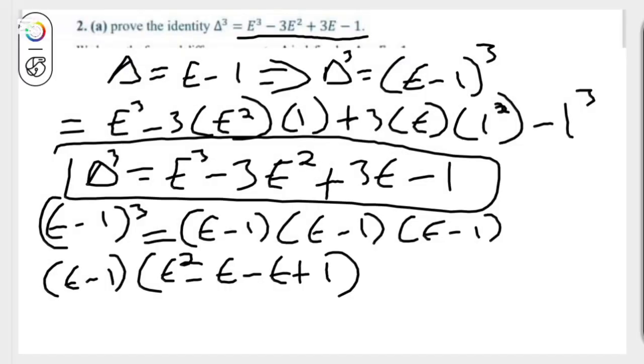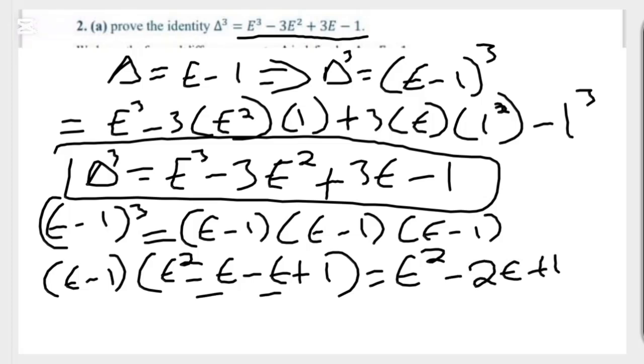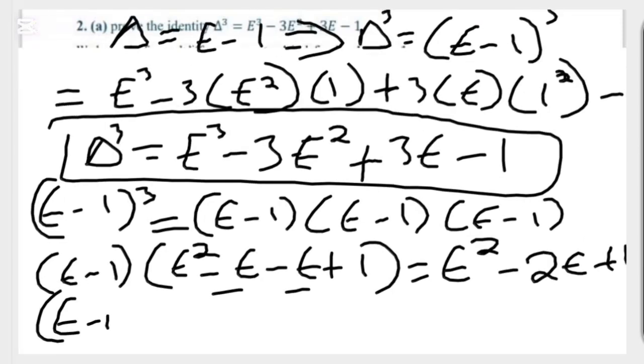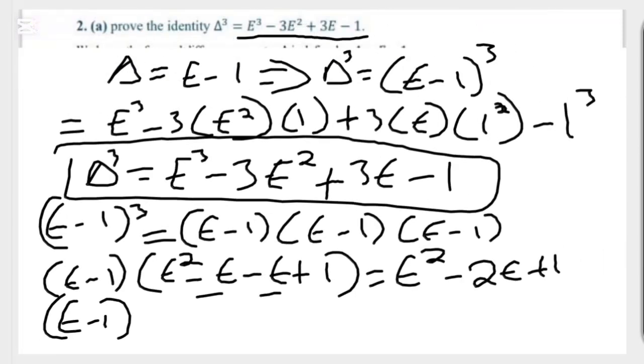So as you can see, I'm done with that. This now becomes E squared minus E minus E, so minus 2E plus 1. Then I'll multiply it by this E minus 1.